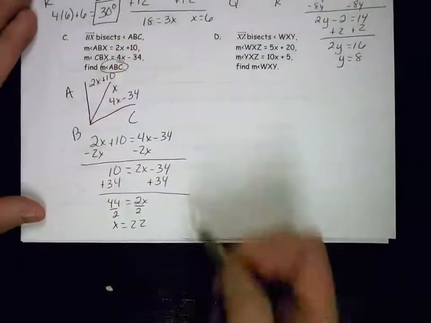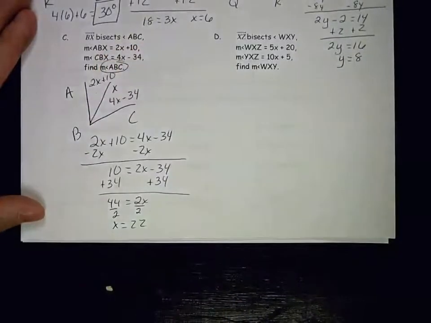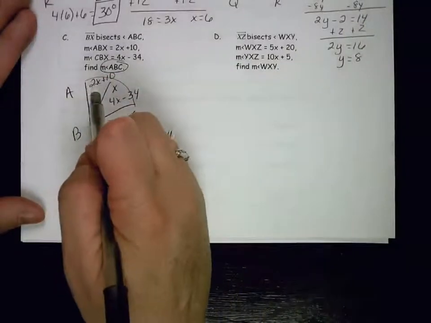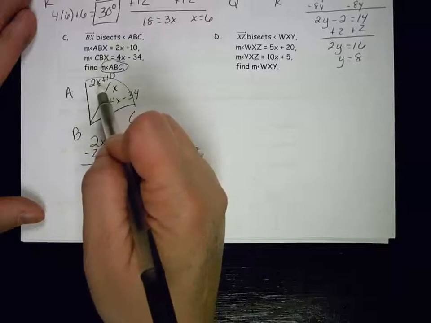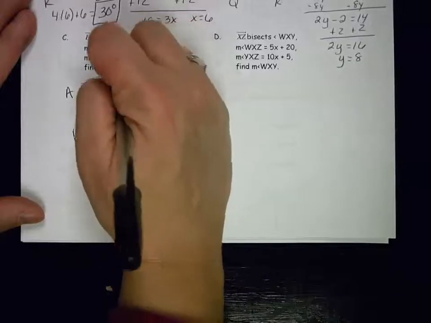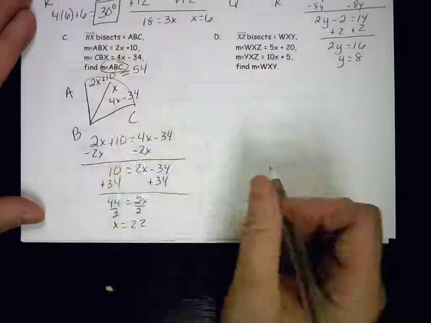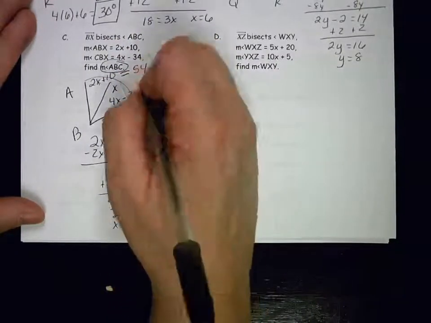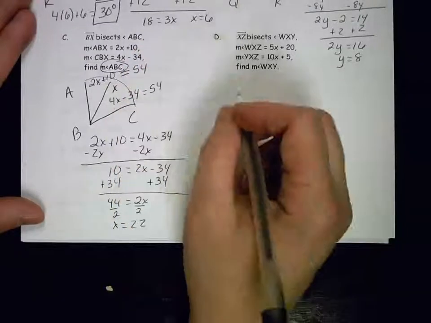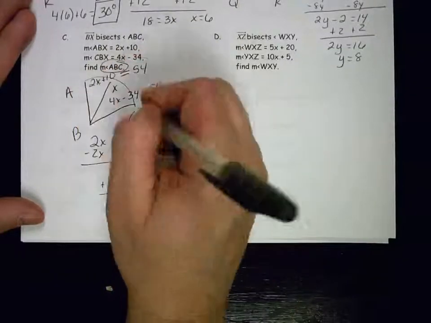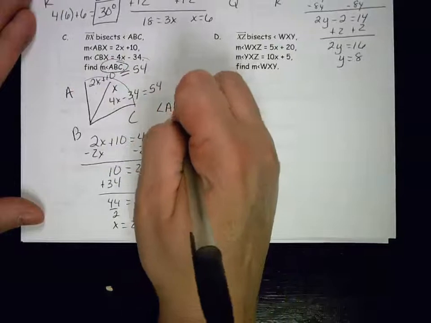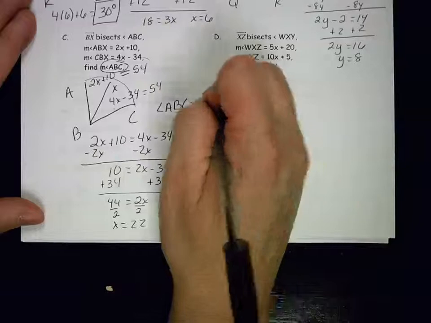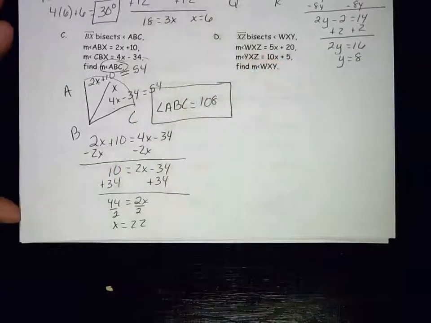We were asked to find ABC, which is the whole big angle. 2 times 22 is 44, plus 10 is 54. 4 times 22 is 88, minus 34 is 54. So the whole big thing, angle ABC then, is 54 plus 54, which is 108 degrees.